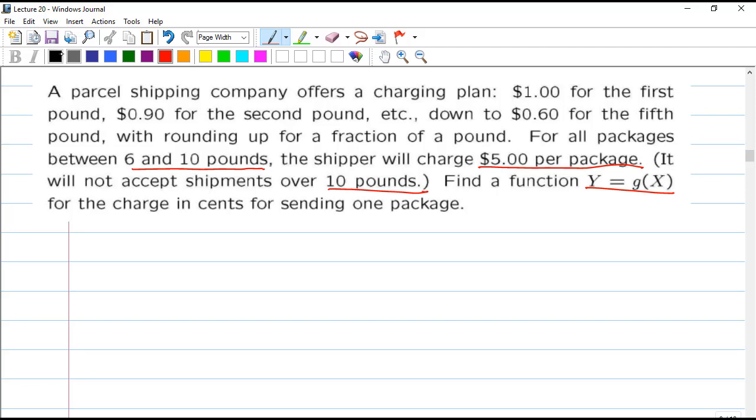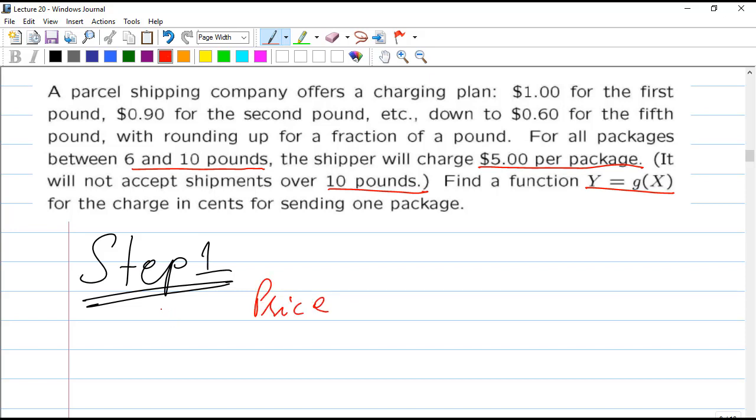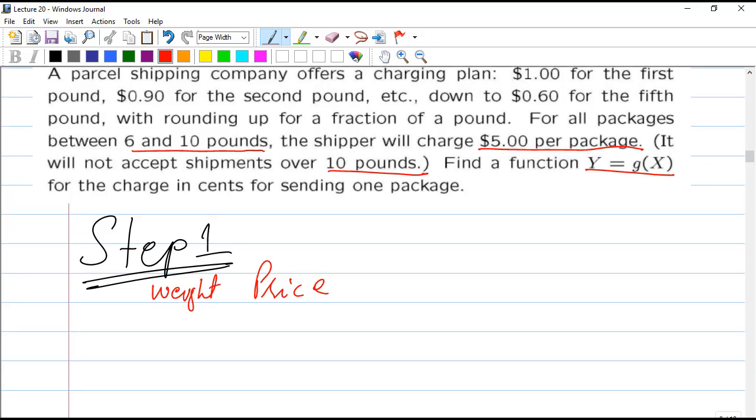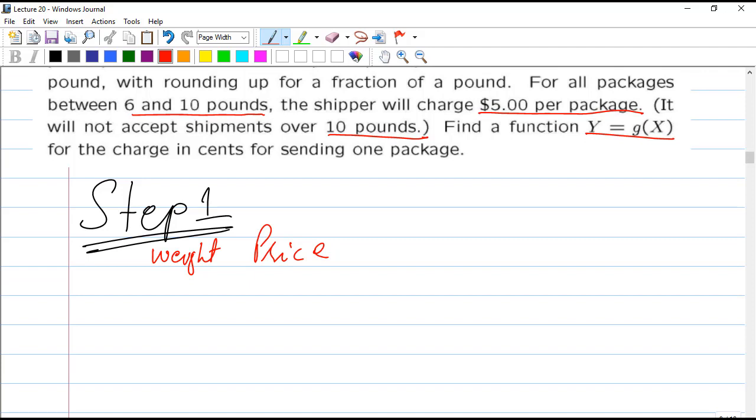So let's do it. Step 1: we have to look for the price and the weight. First we write these prices and weights. Remember that $1 is equal to 100 cents.